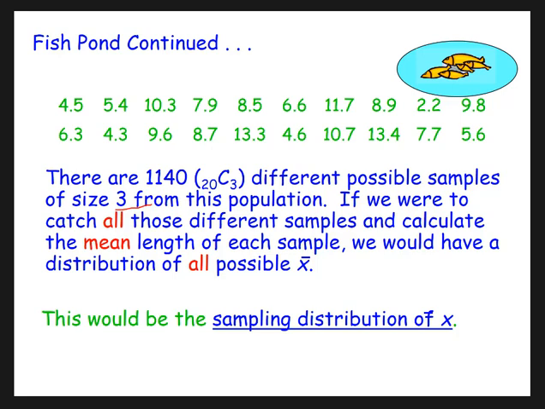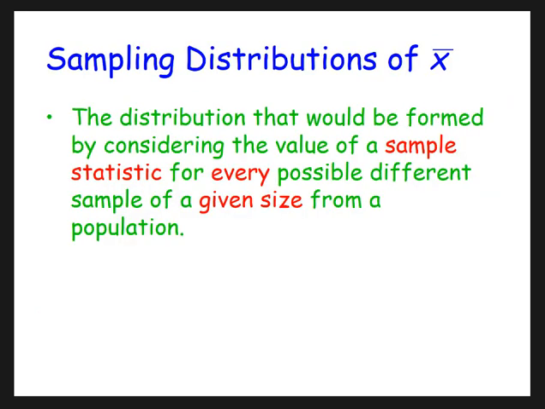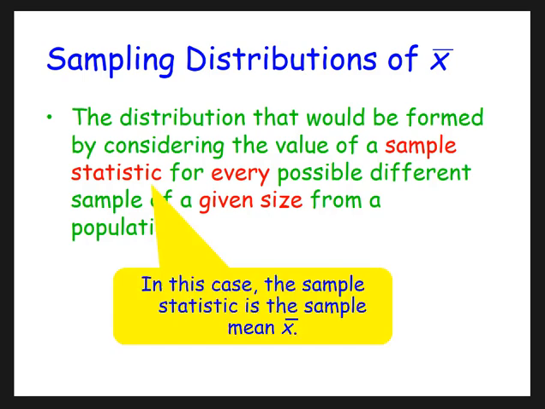Now, this is a little misprint here, but that should be a bar over that x. It got slid over to the f, but that's x bar, meaning the sampling distribution of x bar, the sample means. So the sampling distribution of the sample means is considering every possible sample mean of every possible sample of that size from the population. In this case, the sample statistic is the sample mean, x bar.